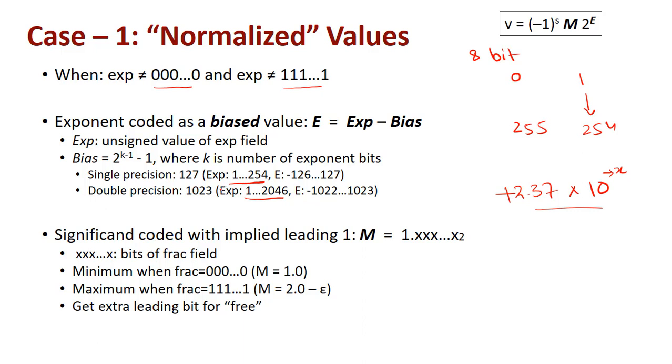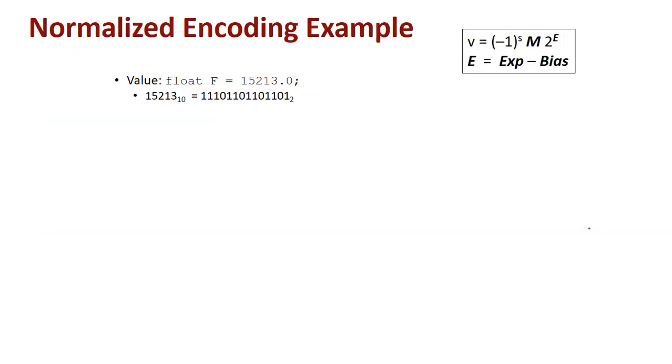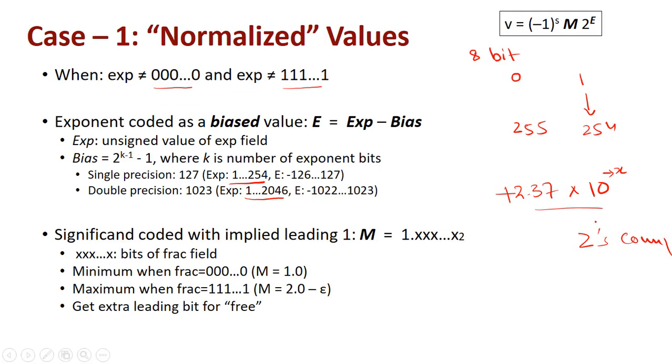One simple approach you may come up with is to use the two's complement technique. But later we'll see why two's complement is not a very efficient technique for representing a signed exponent for floating point numbers. So the scientists, or the system architects at that time, used the concept of bias.